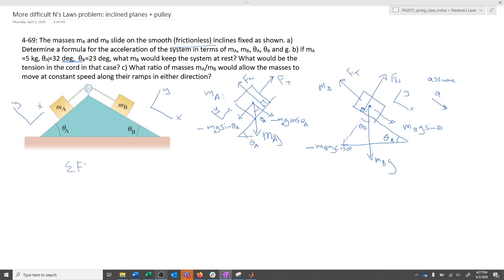So let's look at the two masses, sum of the forces in x. If we look at MA, we would have a positive tension, and a negative mg sine theta A.